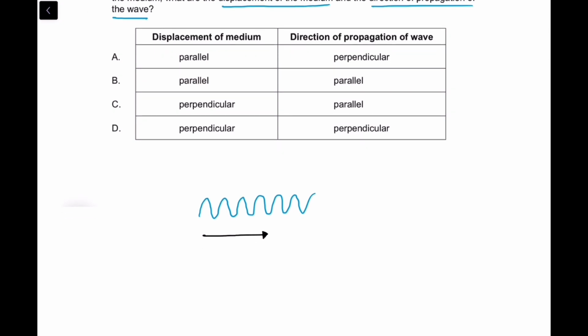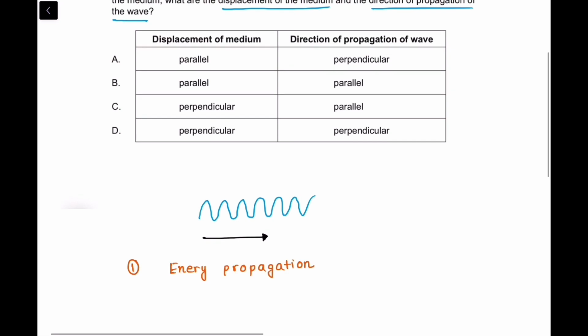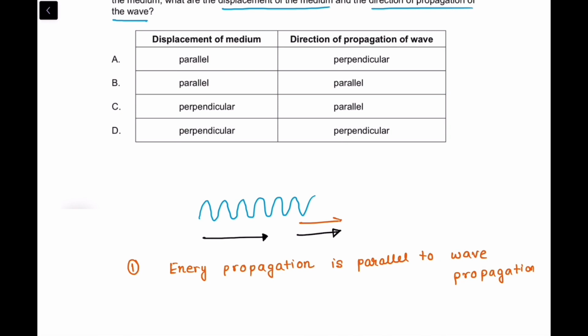We know from the theory of longitudinal waves that the energy propagation is parallel to the wave propagation. So if the wave is traveling in this direction, the energy propagation would be parallel, so the energy will be in this direction only.